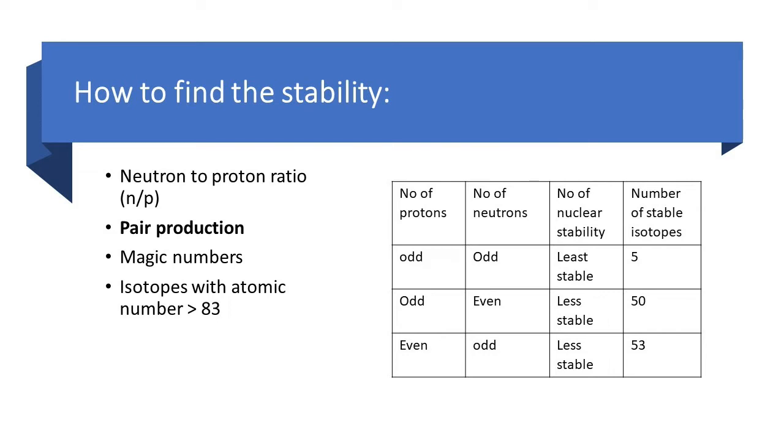If both proton and neutron are odd, then it's the least stable. If only one of them is odd, either proton or neutron, then it's less stable. But if both are even, then it is highly stable.